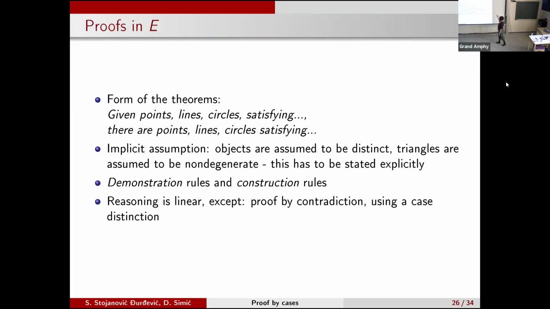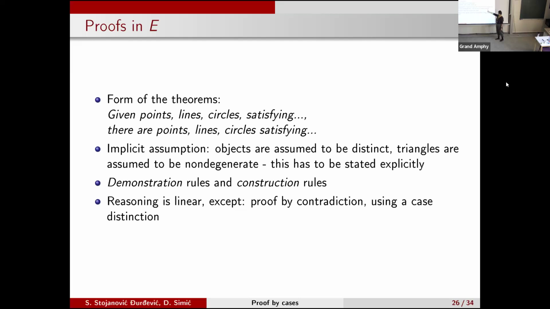They say that the form of theorems is: given certain objects that satisfy certain properties, you can construct certain objects that again satisfy certain properties. And this is coherent logic. It's the same. And again, objects are assumed to be distinct, which is something I already talked about a few times. Triangles are assumed to be non-degenerate.